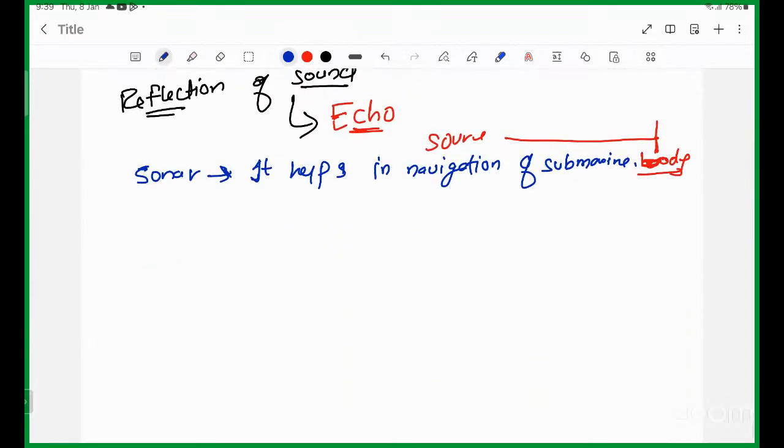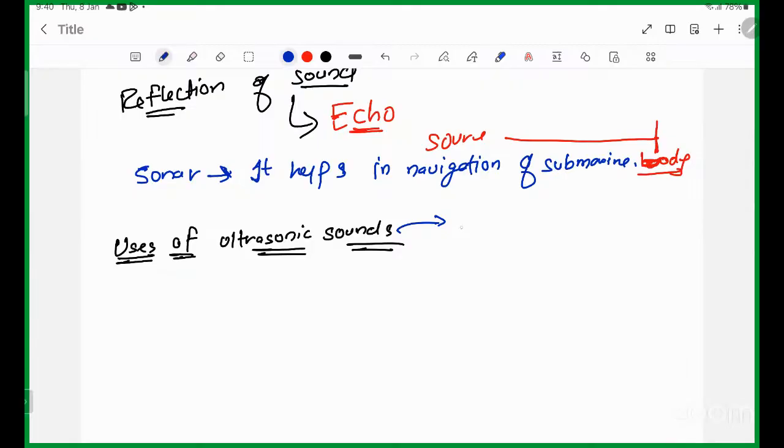We discuss some uses of ultrasound waves. What are the applications of ultrasound waves? Penetrating power is very high.